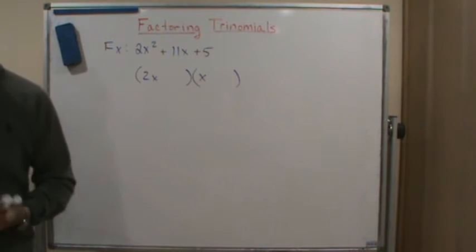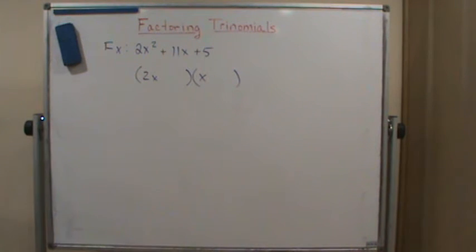Okay, now we know the last term has to be two positive factors because 5 is positive. Or excuse me, what I meant to say is that they have the same sign because 5 is positive. They either both have to be negative or they both have to be positive.